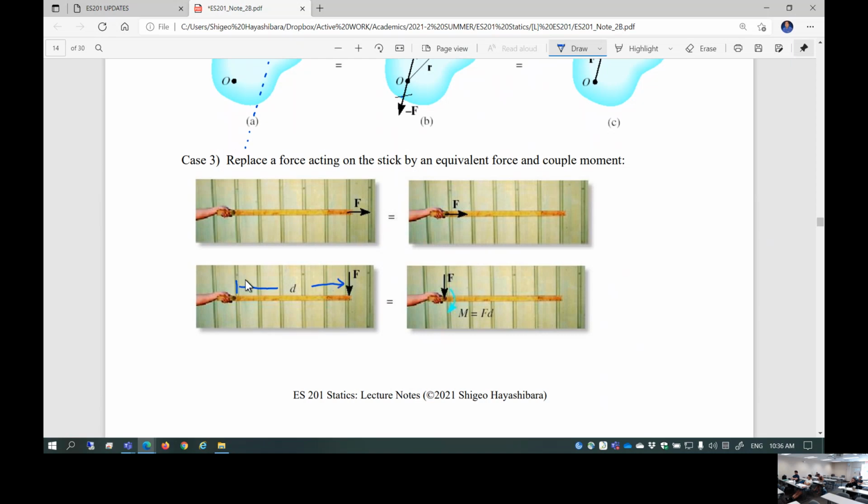That means this is equivalent to, suppose you shift the force from here to here, force F is applied here. You have to add a couple moment also. So this force and couple moment pair is equivalent to the force applied at the tip. Okay?